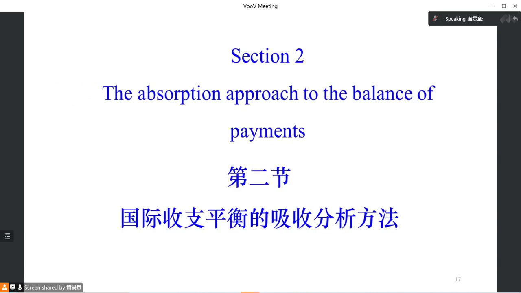Last time we learned Section 2, the absorption approach to the balance of payments.